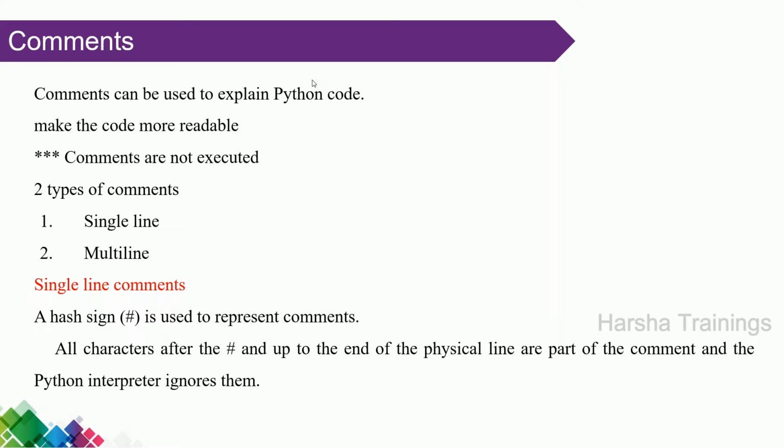Next one, coming to floating point numbers, also called real numbers. A floating point number must contain a decimal point, with the integer part before the point and the fractional part after the point. 2.3 is one way of representation.